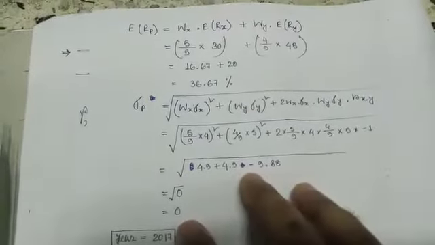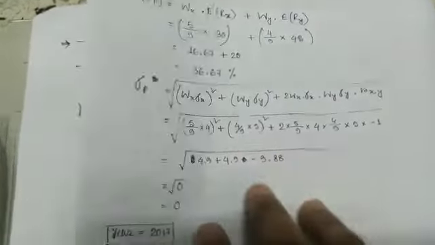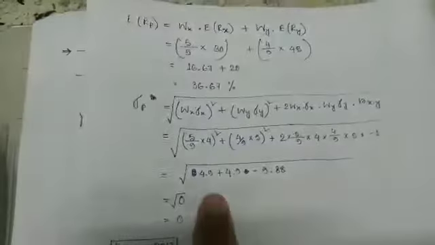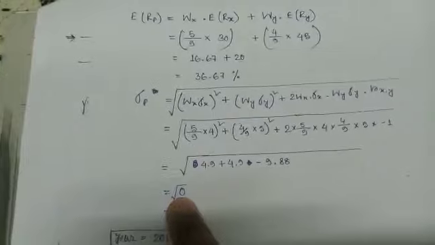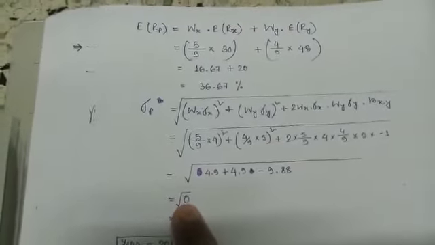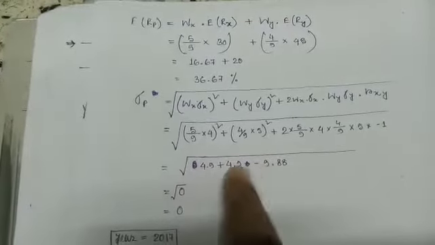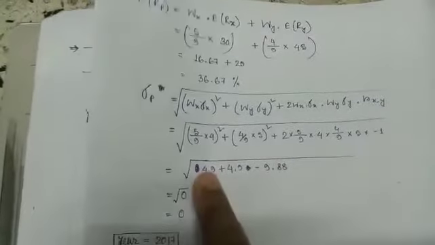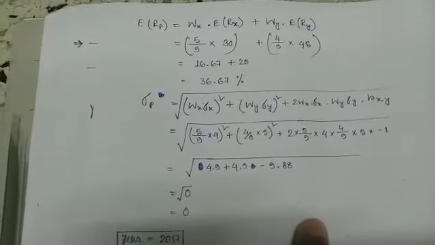So by using this weight, we calculate the weights of security X and security Y, and since the weights are properly calculated, the portfolio risk becomes equal to 0. This also supports our theoretical knowledge: where the securities are perfectly negatively correlated, the portfolio risk is equal to 0, and this is supported by the answer also.